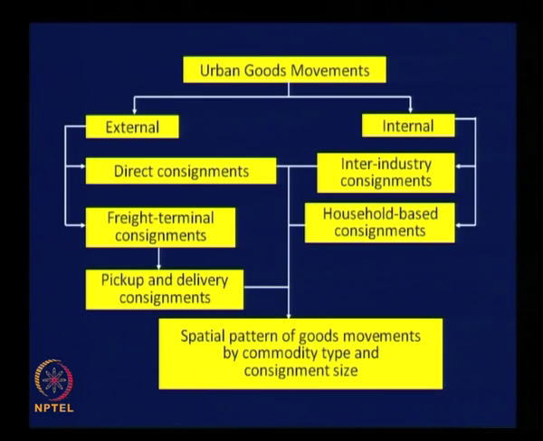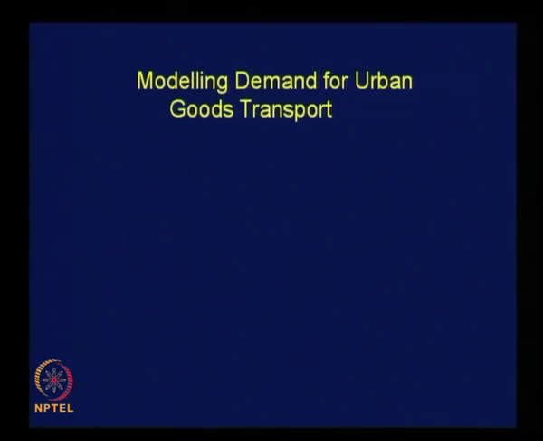So there is a need for modeling goods movement also, as we have done in the case of person trip in an urban area, right. So what are the related issues in modeling demand for urban goods transport? Shall we just model following the same principle that we adopted for modeling person trips, or should we have to have different strategy?